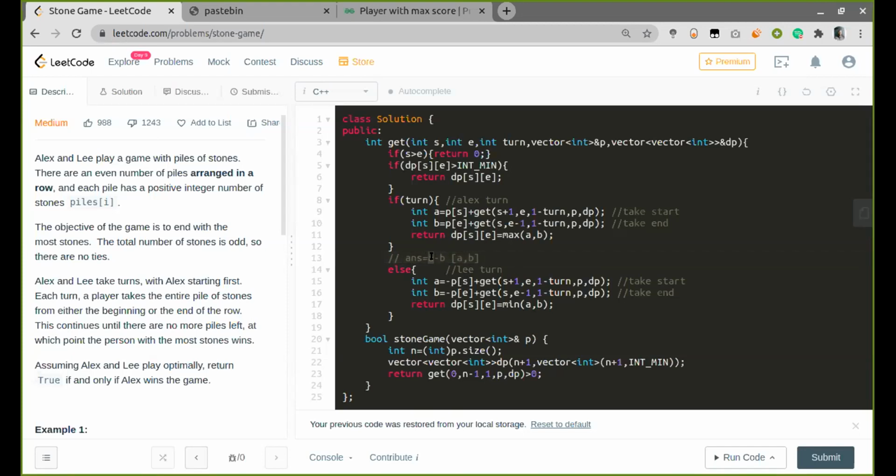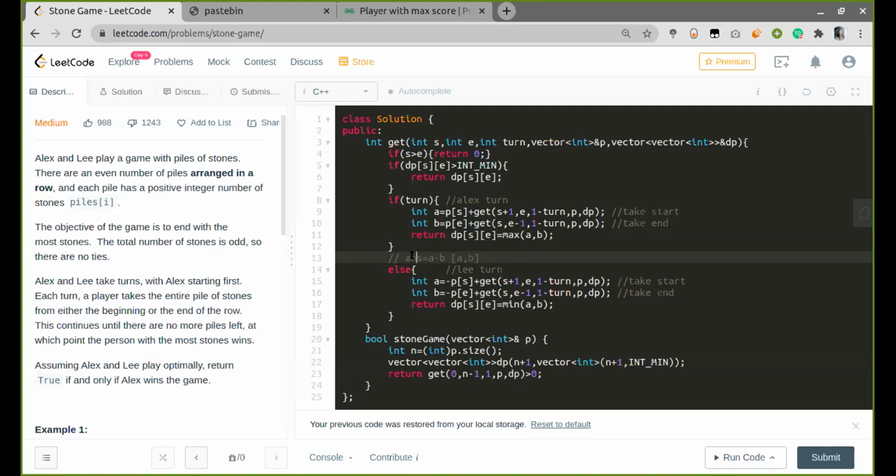Since Alex goes first, I add all the points which Alex takes, and Lee goes second, so when Lee is choosing a value, I subtract it from the final answer. So the answer will be the difference of the values of both players.